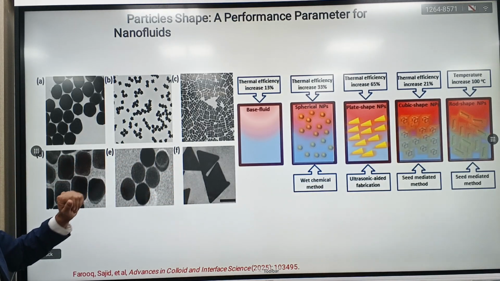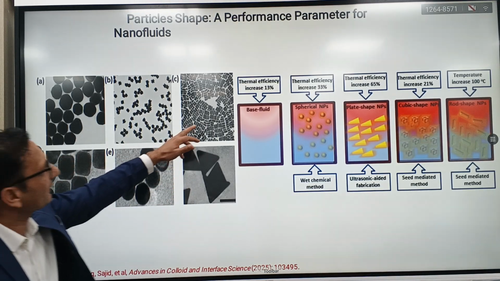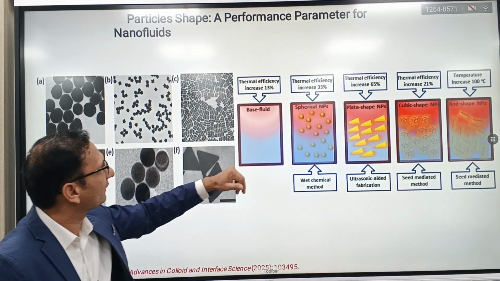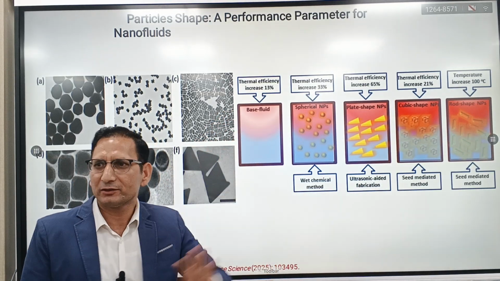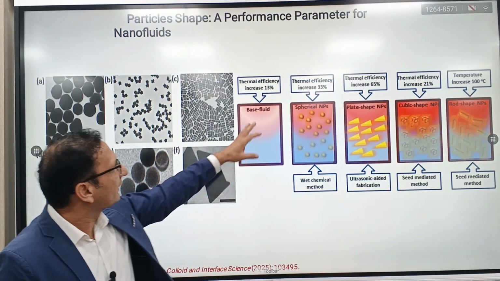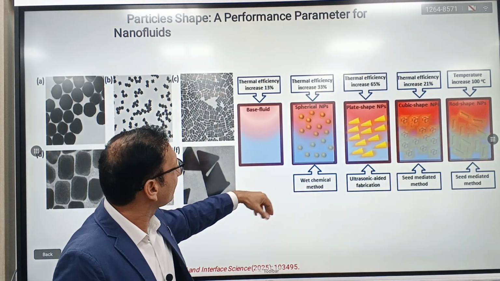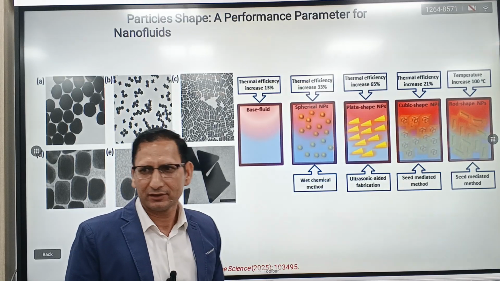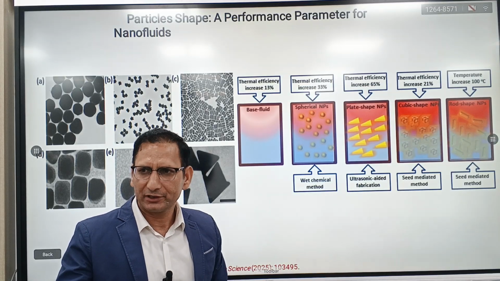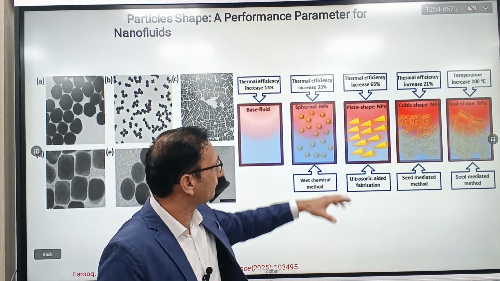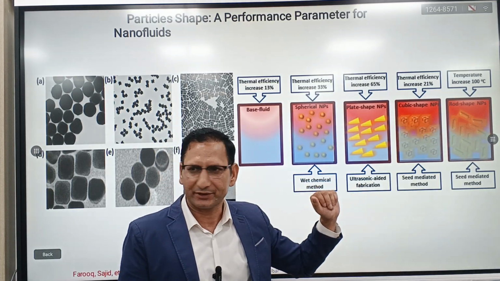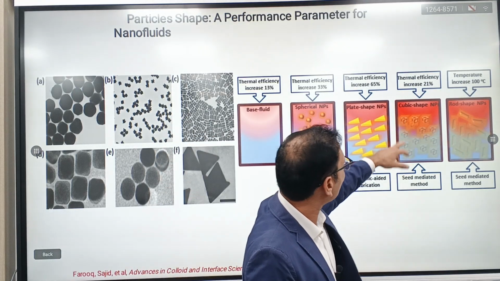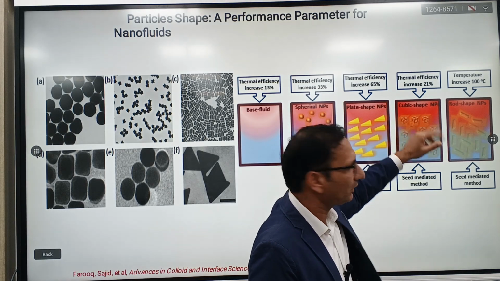Here is particle shape. If you see this, the efficiency depends on the shape. If we have just water, the maximum efficiency we get is 13%. The thermal efficiency increases to 33% if we have spherical gold nanoparticles. If we have triangles, we can get 65%. If we have some kind of cage, we get 21%.